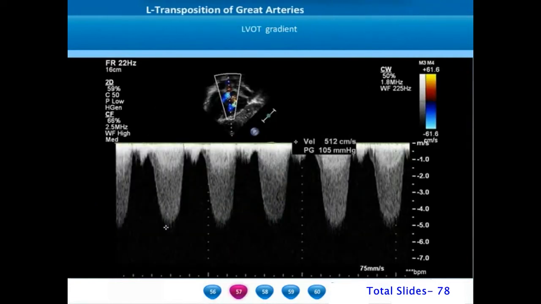Left ventricular outflow tract gradients can even go up to 100 millimeters of mercury, and this will represent a severe pulmonary stenosis.